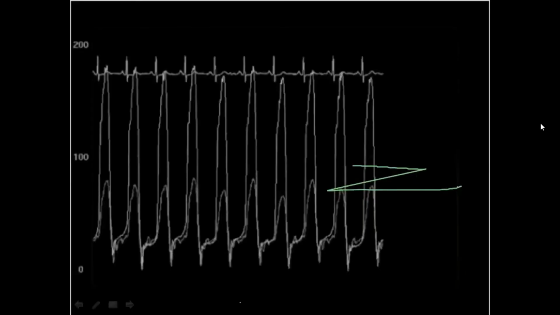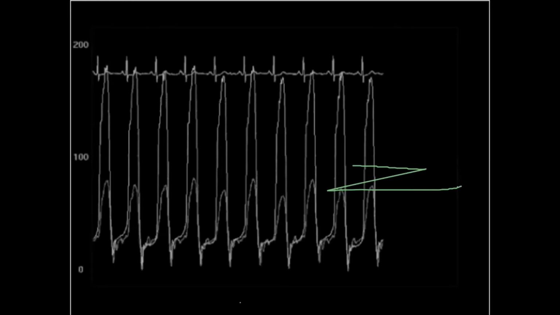So what about this? Simultaneous hemodynamic tracing between the LV and RV with ECG, which is sinus, scaling between 0 to 180, showing discordance between the LV and the RV.